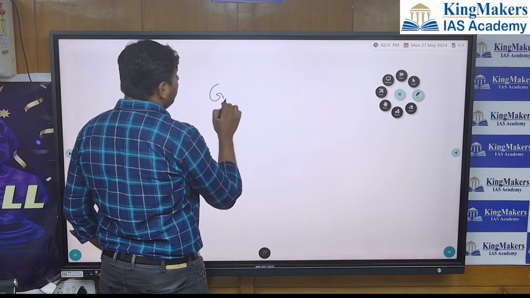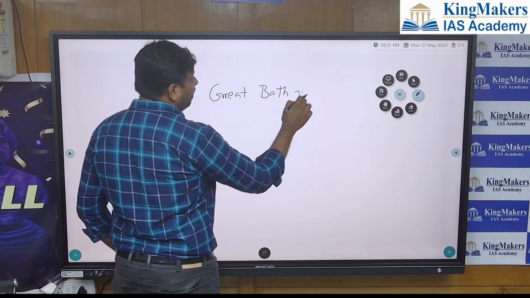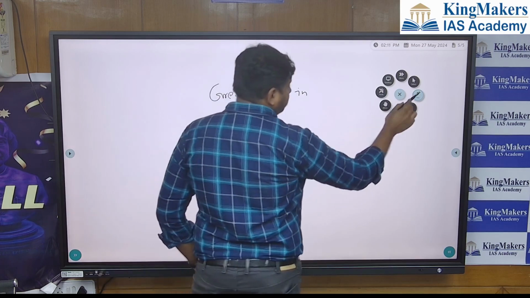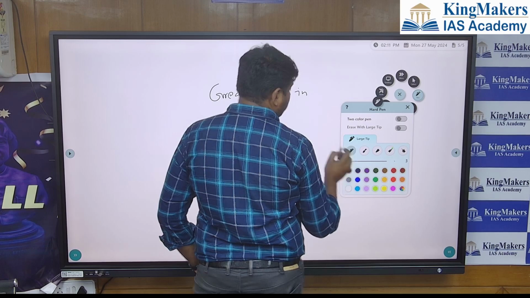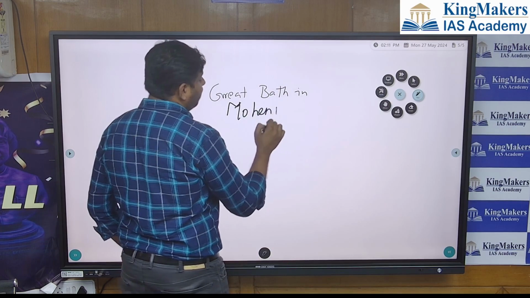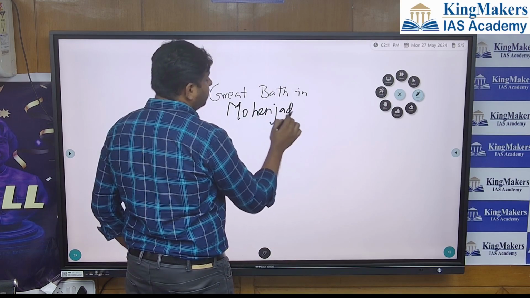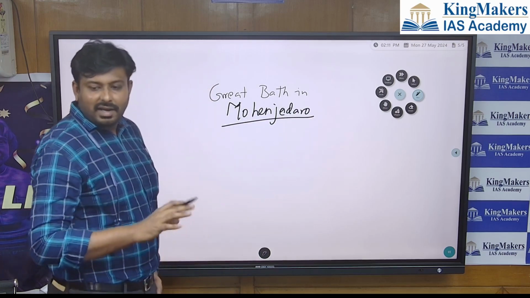So there is a building called the Great Bath in Mohenjo-daro. This Great Bath is a rectangular structure.